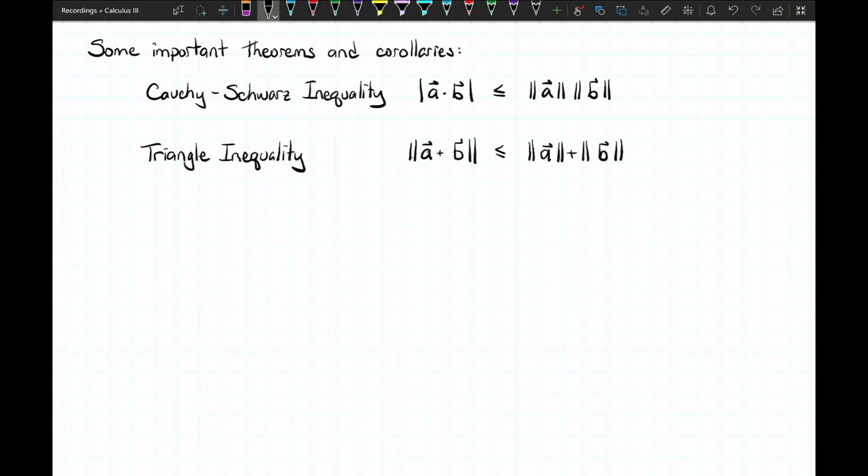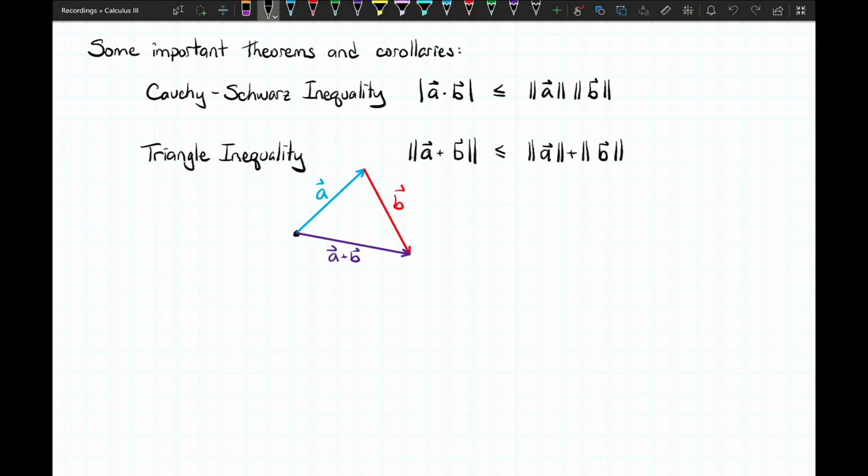The reason why it's called the triangle inequality might be a little bit more obvious when we view this graphically. So we'll take the vector a and use tip to tail graphical addition plus b to get the resultant vector a plus b here in purple. What the triangle inequality says is that the length of this purple side is always going to be less than or equal to the sum of the lengths of the blue and red sides.